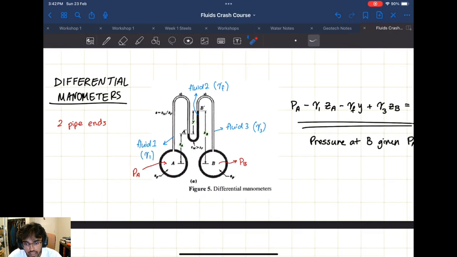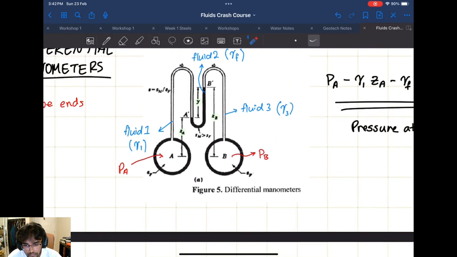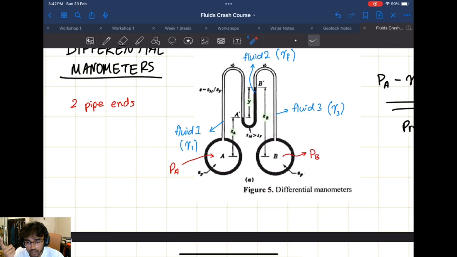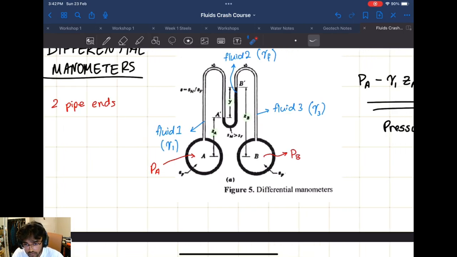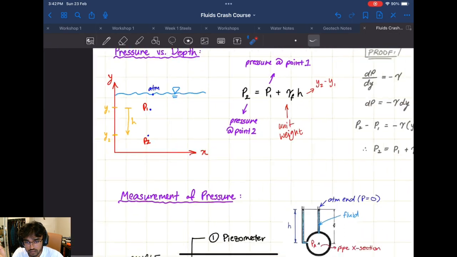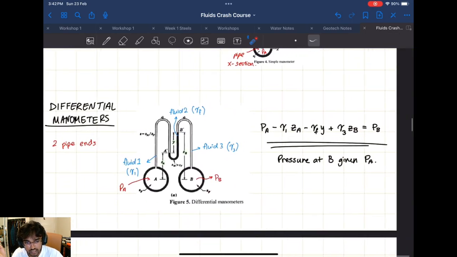So, to find the pressure at B, you're going to have to first of all be given the pressure at A, and second of all, relate the height and unit weight of the fluid again, like we did earlier, to formulate this equation over here.